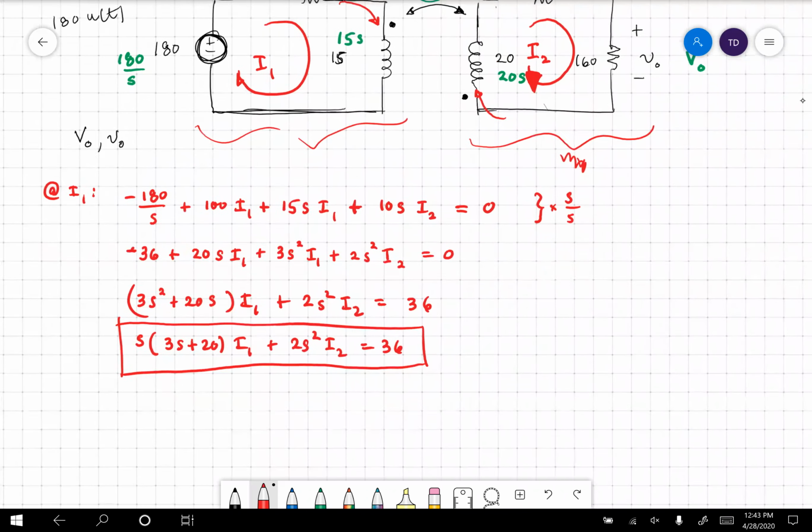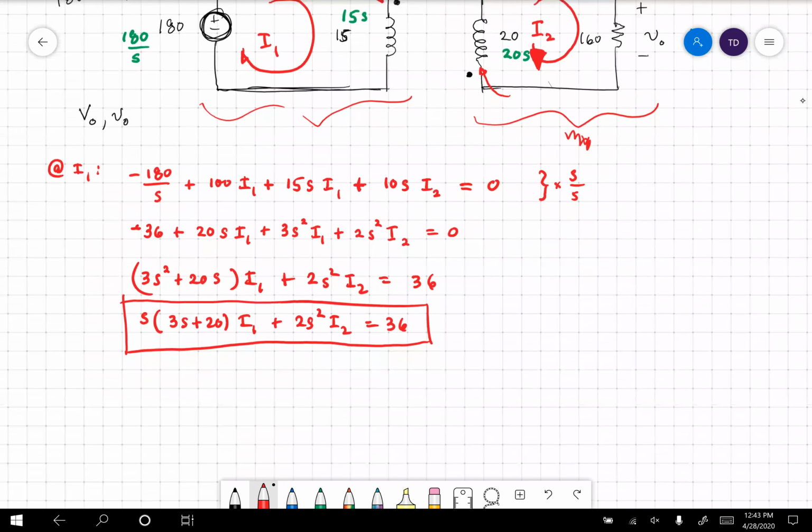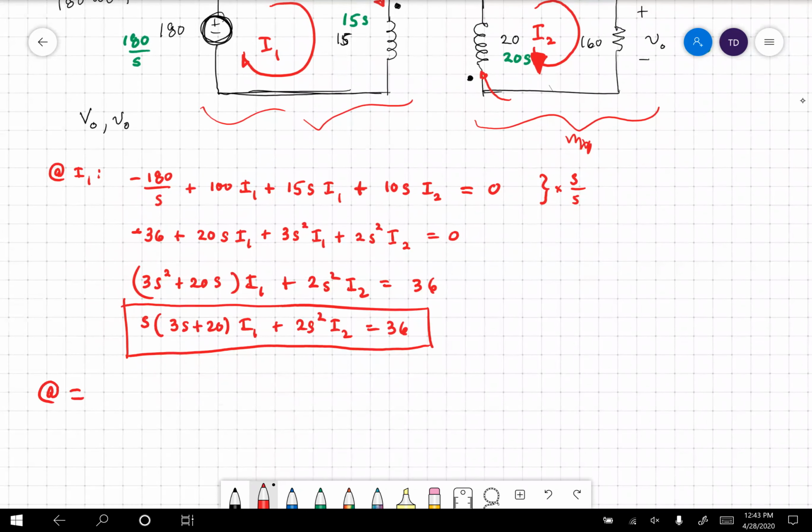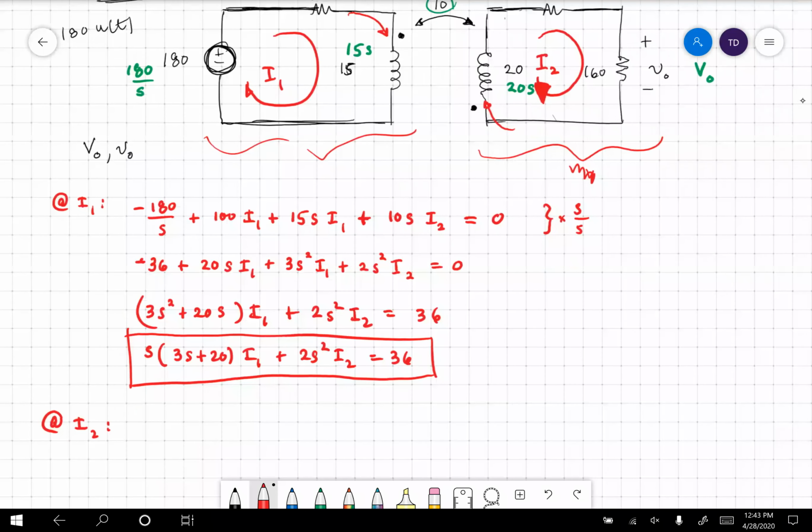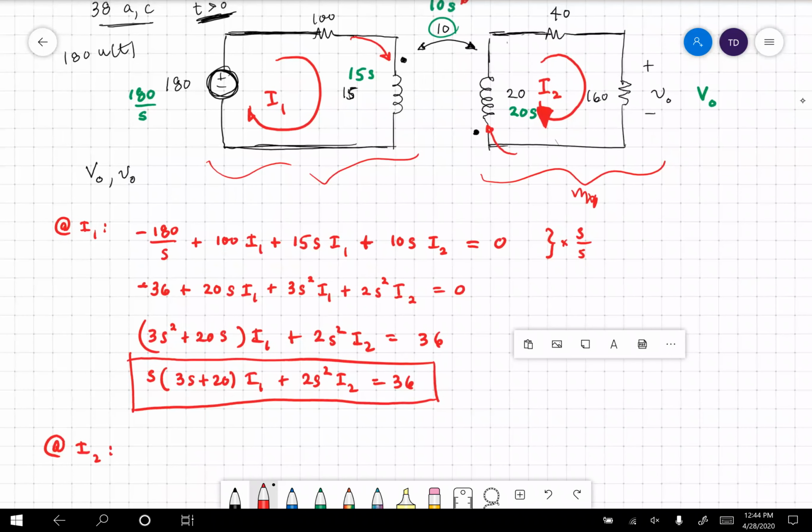The I2 equation's not much more difficult. All right, let's pull it down far enough so we can see it. Okay, I'll start at the top. 40 I2 plus 160 I2 plus 20s I2.